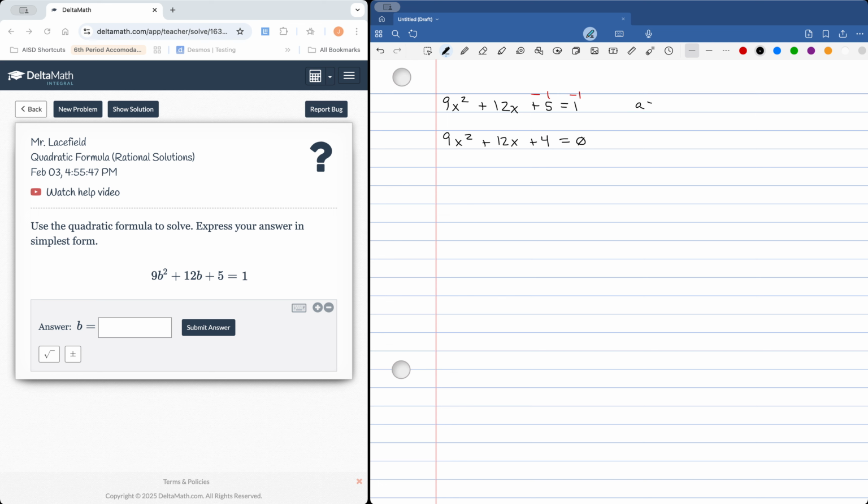Okay, we have our a, which is 9, our b is 12, and our c is 4. We're going to start with x equals the opposite of b, so negative 12 plus or minus the square root of 12 squared minus 4 times 9 times 4.